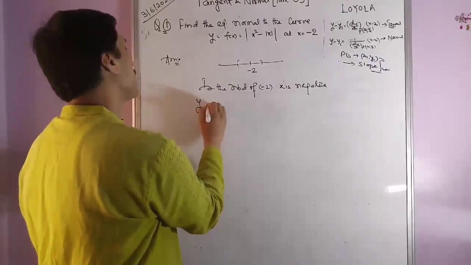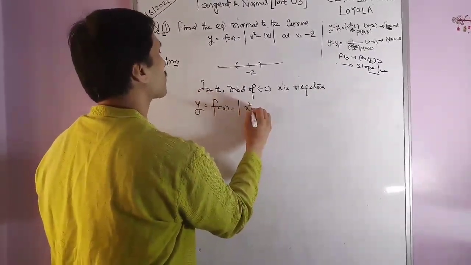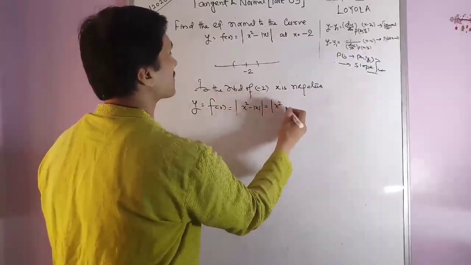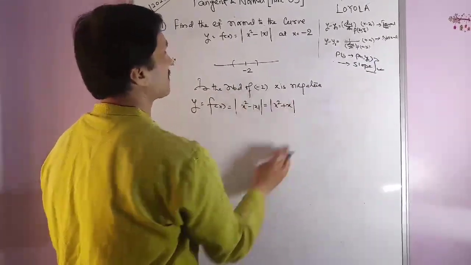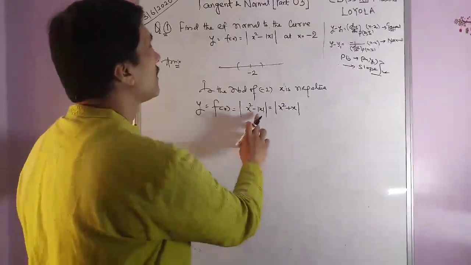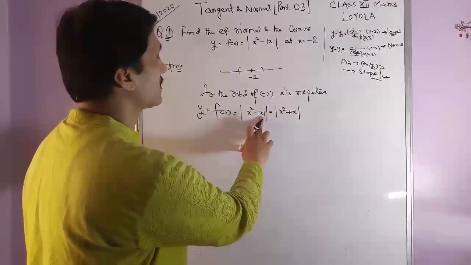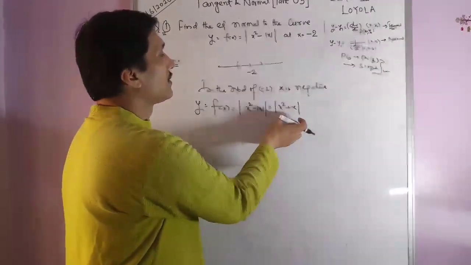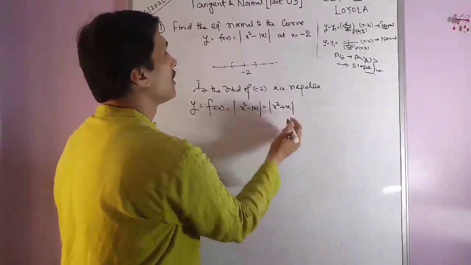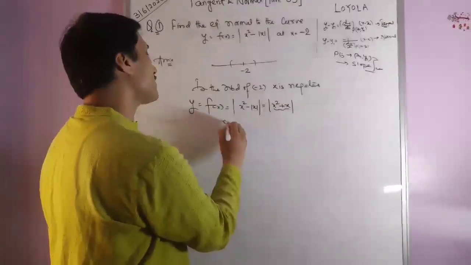So our function f(x) equal to modulus of x square minus mod x reduces to x square plus x, since x is negative around point minus 2, so my modulus of x is minus x. Now we think about the sign of x square plus x.